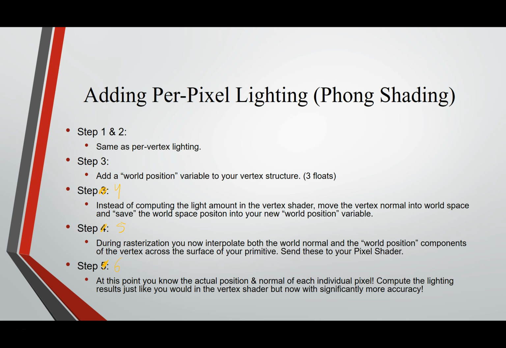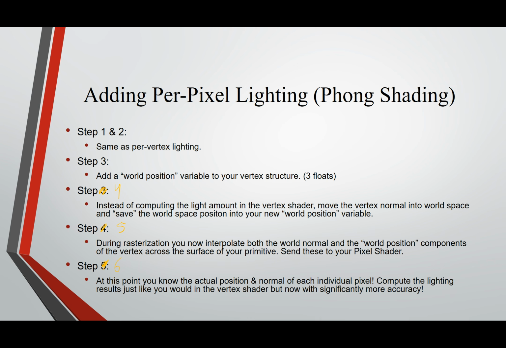Step 3: you're going to add a world position variable to your vertex structure. The idea is you want to store permanently where your world position is. Remember, during the vertex shader your position is going to end up eventually in homogeneous projection space and then finally in NDC space for rasterization.